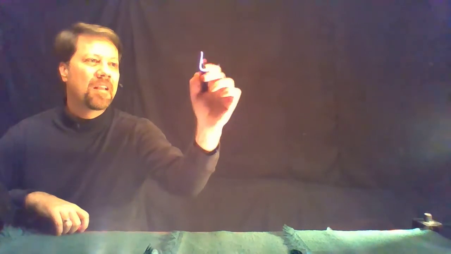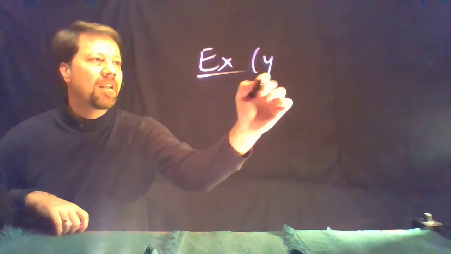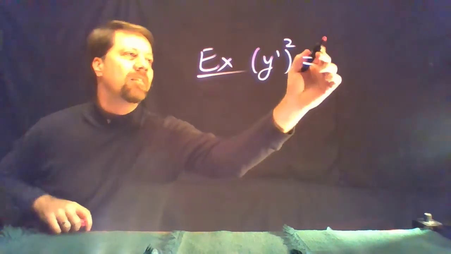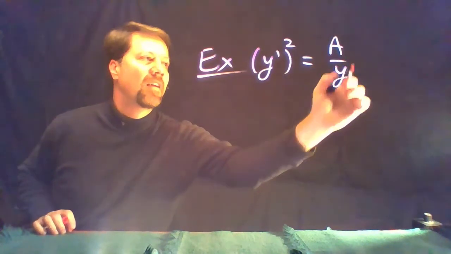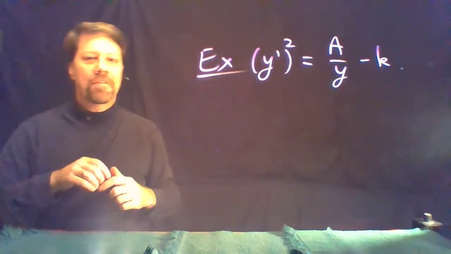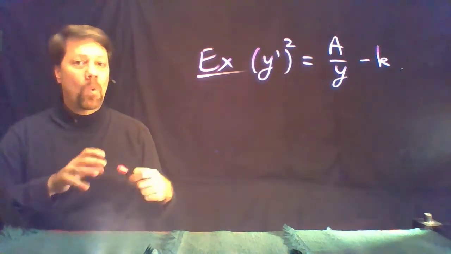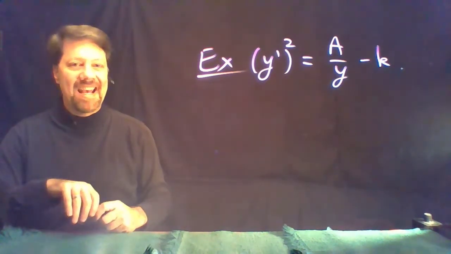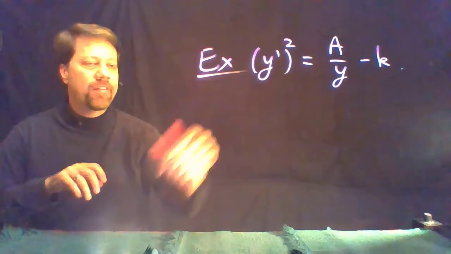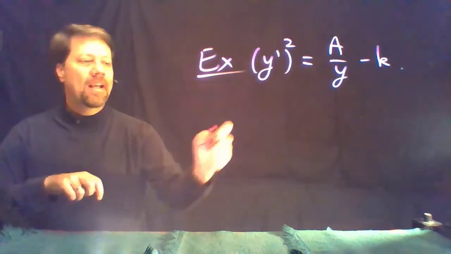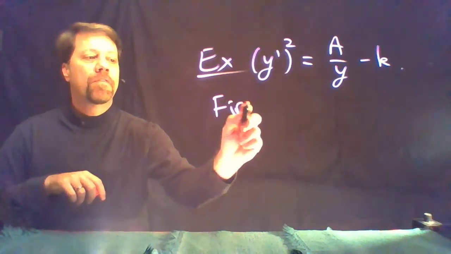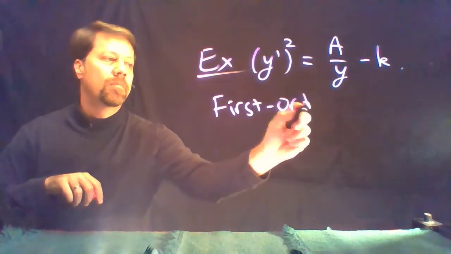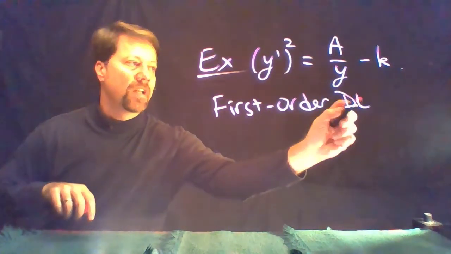Similarly, in the differential equation y prime quantity squared equals a over y minus k, the highest order derivative that appears is the first, and so this is a first order differential equation.